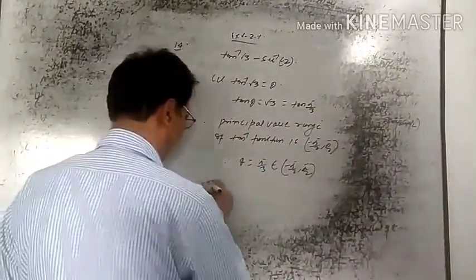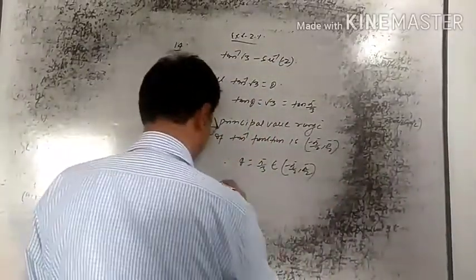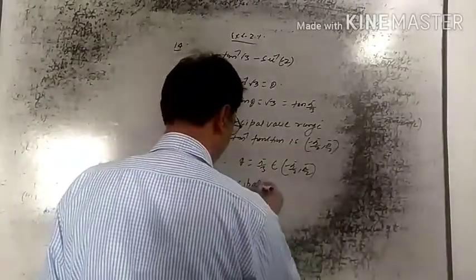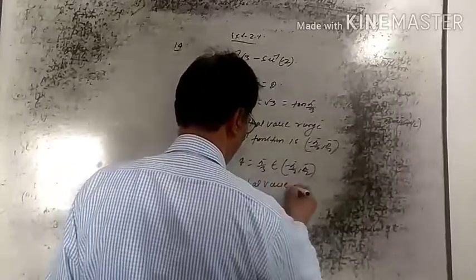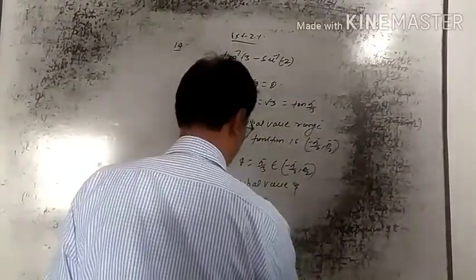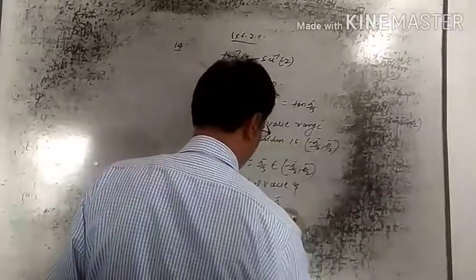Therefore, the principal value of tan inverse root 3 is equal to pi by 3.